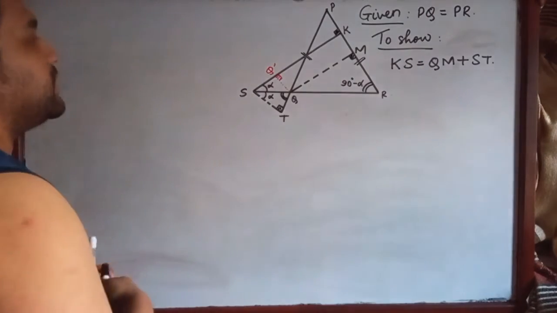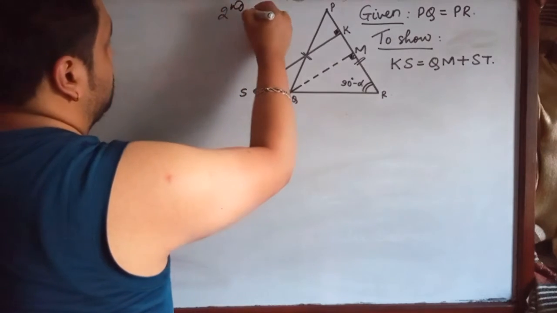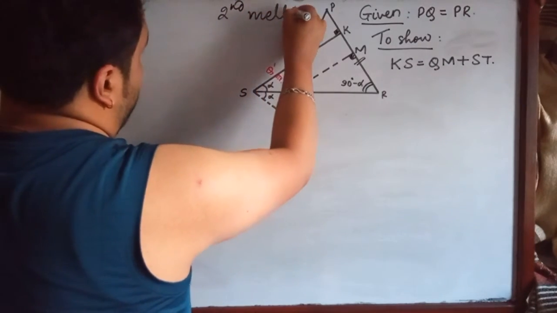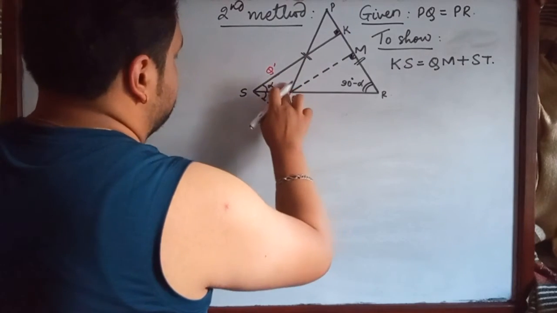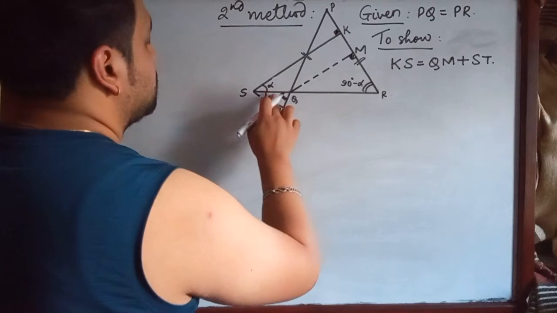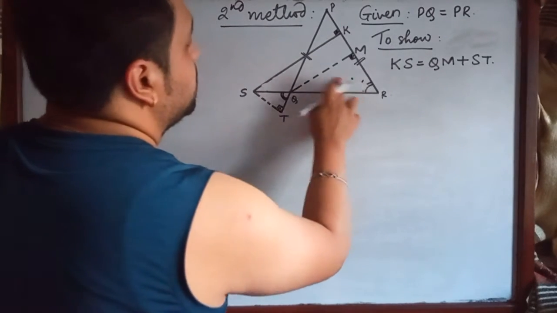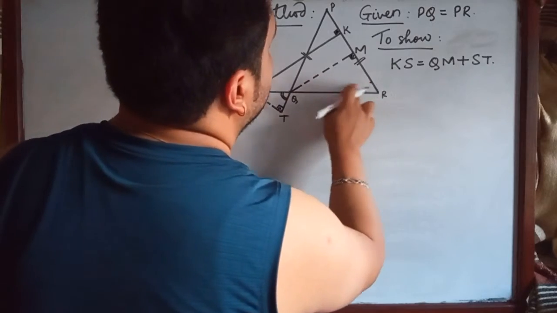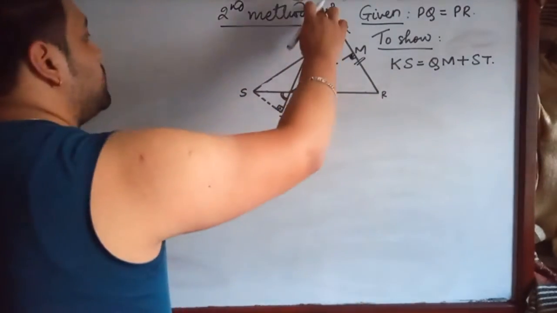Take this one. For the second method, we don't need any of these. We don't need alpha. We don't need 90 degrees minus alpha. Nothing.